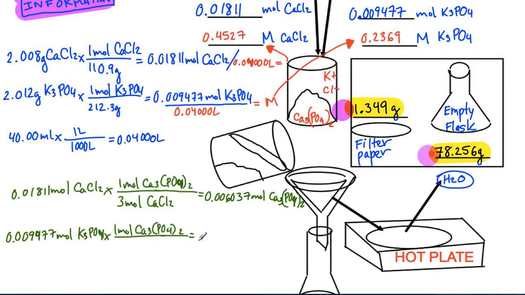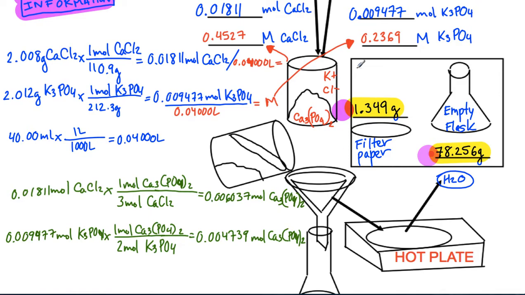Good job. For every 2 moles of potassium phosphate. Okay? And what you're going to get there is 0.004739 moles of calcium phosphate.